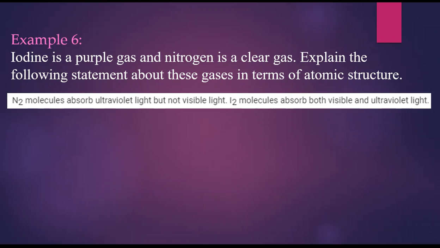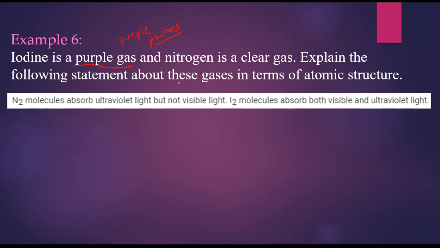Well, if I think about this, the visible spectrum is what I can see, and those would be all of the colors on the visible spectrum. So if iodine's a purple gas, I must be seeing purple photons coming off of that particular gas. Nitrogen's clear though, so I'm not seeing anything, so that's not on the visible spectrum.